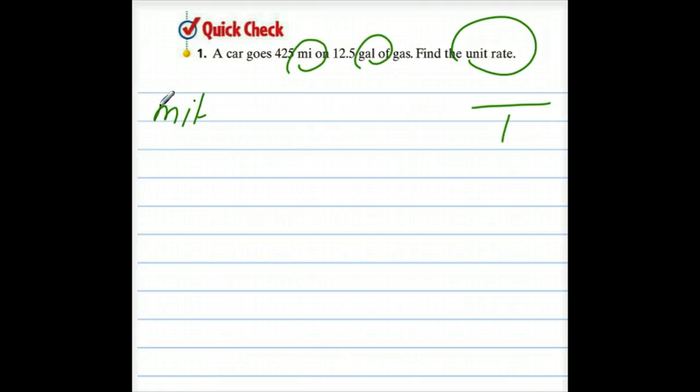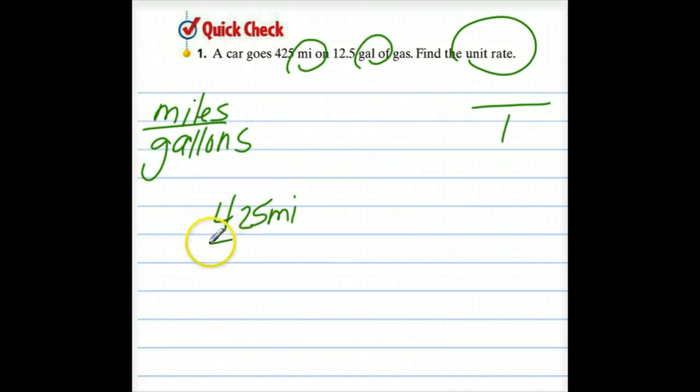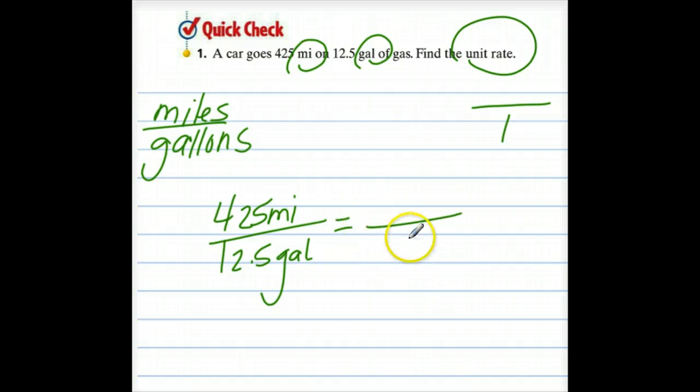So miles over gallons. Alright, so if a car goes 425 miles in 12.5 gallons of gas, I want to set this equal to another rate, but this time only has 1 gallon on bottom.